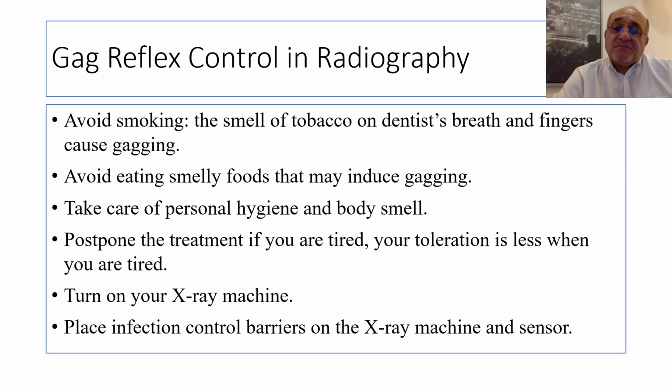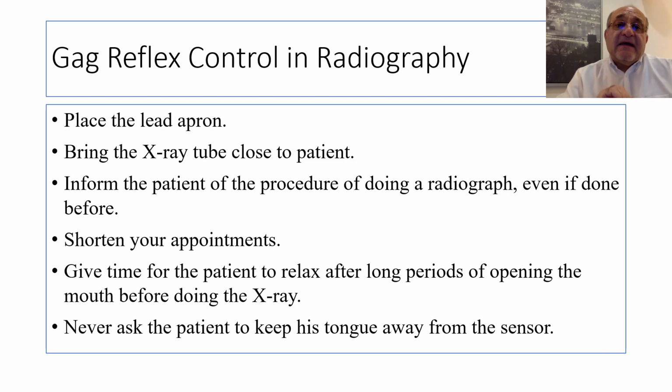appointment. Before you start inserting the X-ray film or sensor inside the patient's mouth, you have to turn your X-ray machine on and adjust the exposure time as per the tooth that you're going to image. You have to place all your infection control barriers on the X-ray machine and on the sensor. And you place your lead apron on the patient and bring the X-ray machine closest to the position that you can work with.